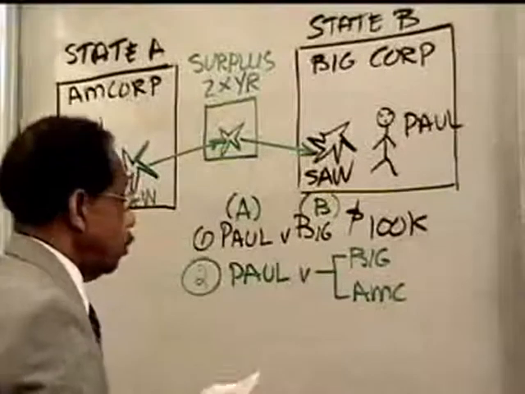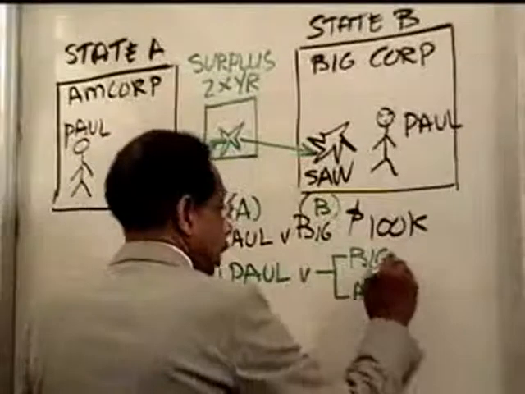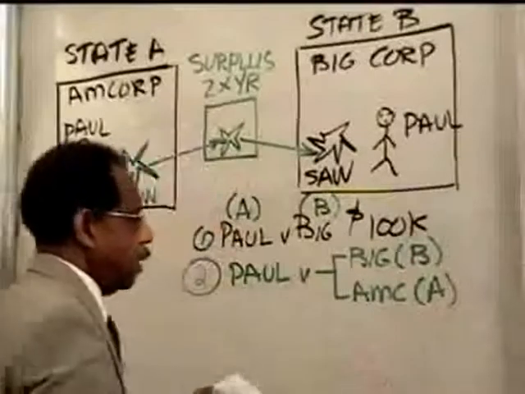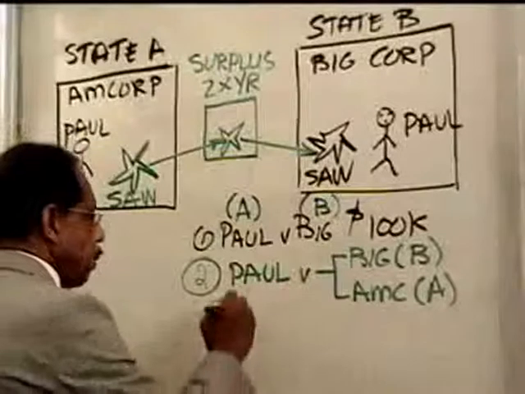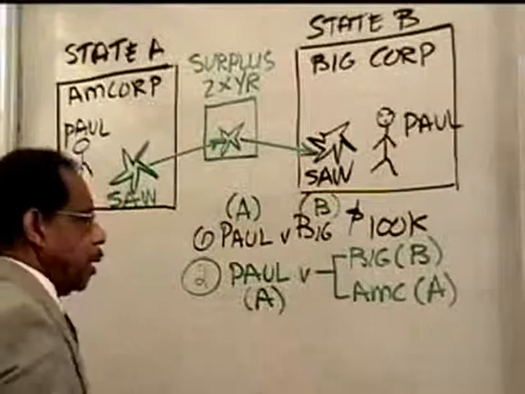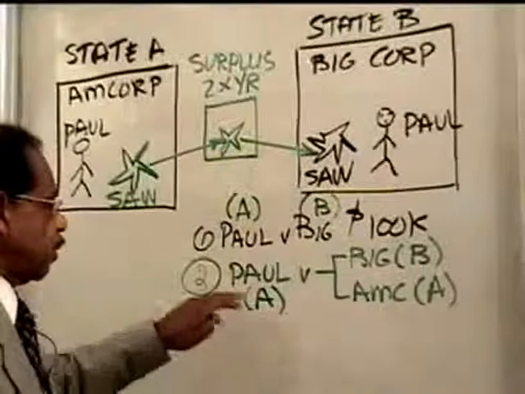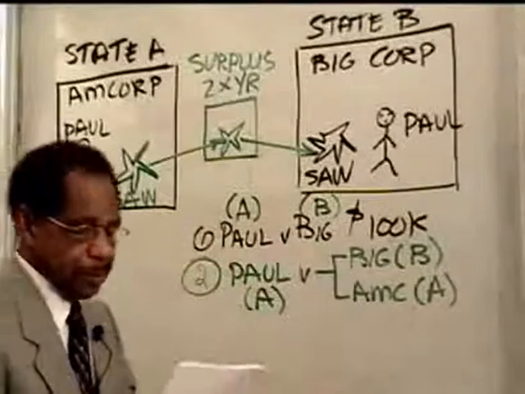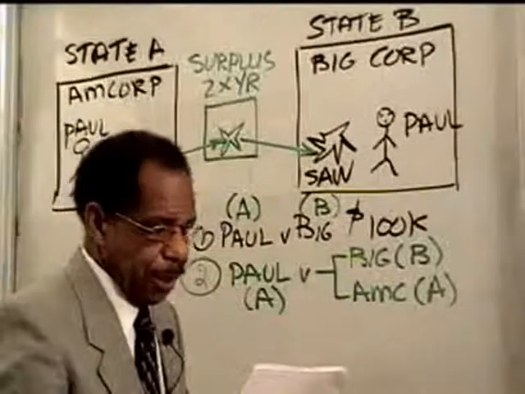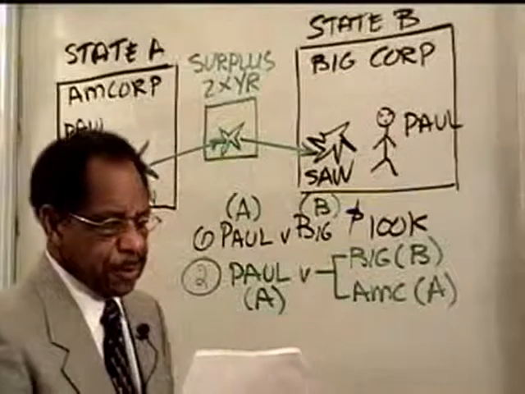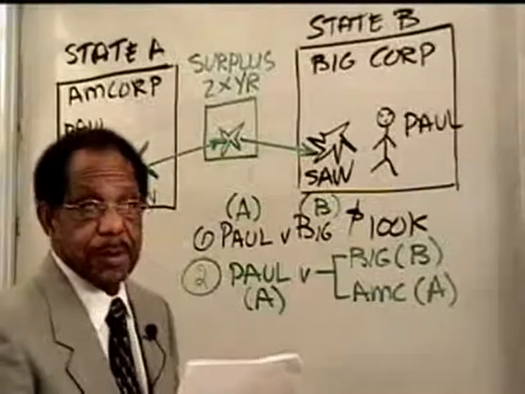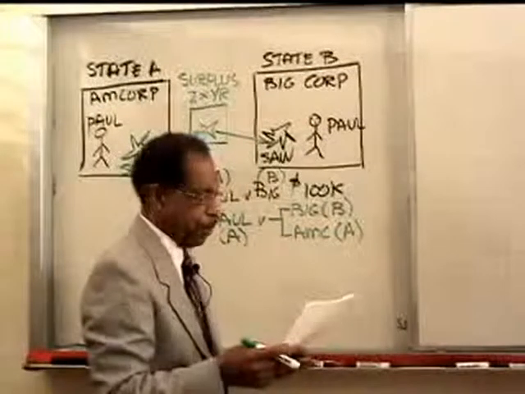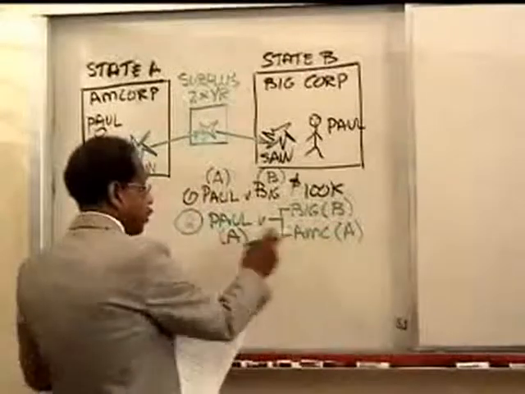And so it's true, because Amcorp is state A, BigCorp is state B, and Paul we know is state A. And so diversity would be destroyed because both Paul and Amcorp are from state A. And so BigCorp objects, saying yes, this would destroy diversity, and at line 18, moves for the dismissal of the action, and this is the key sentence right here, because of the impossibility of joinder of Amcorp.